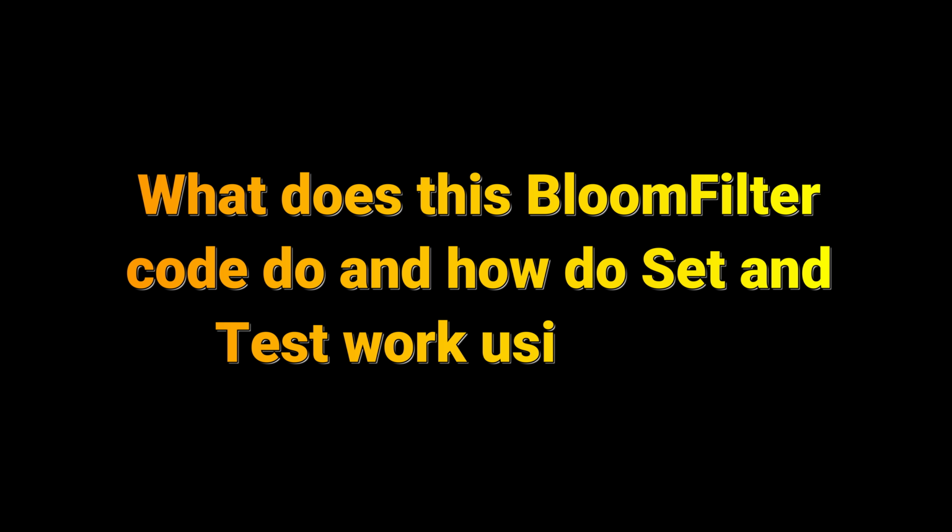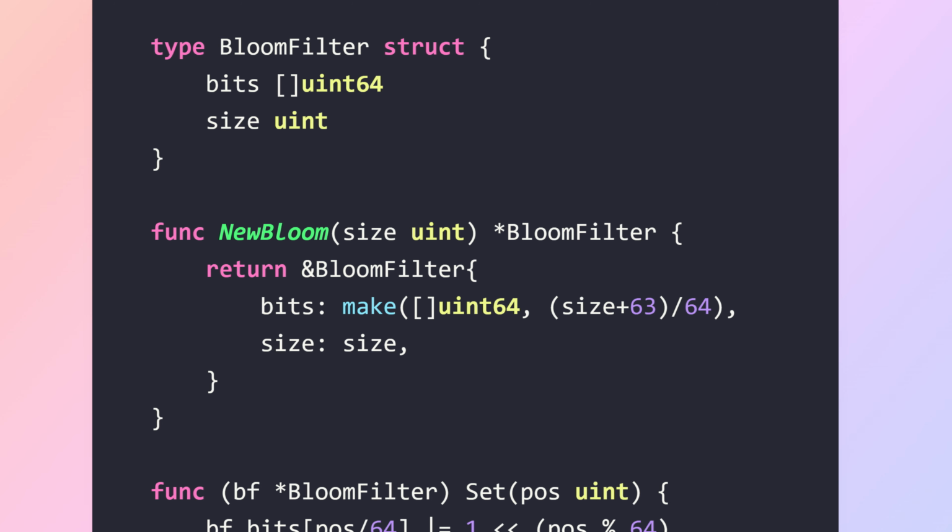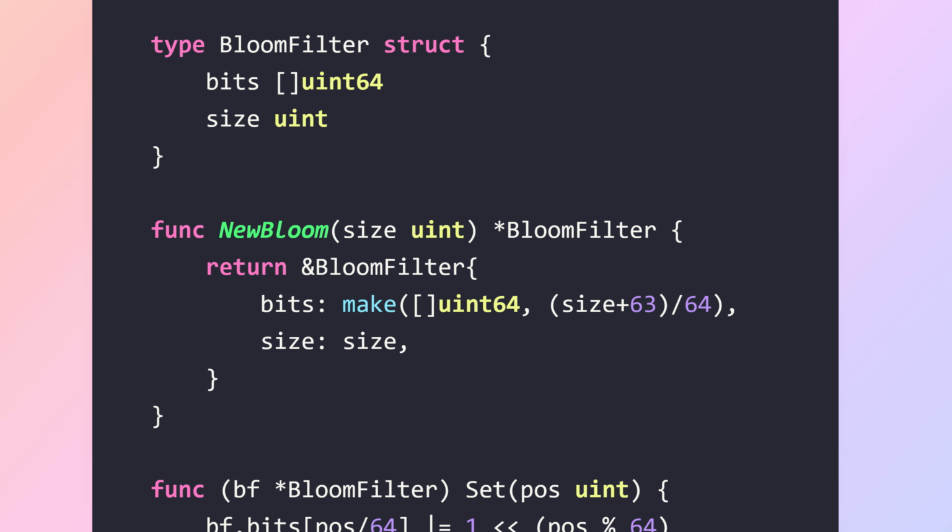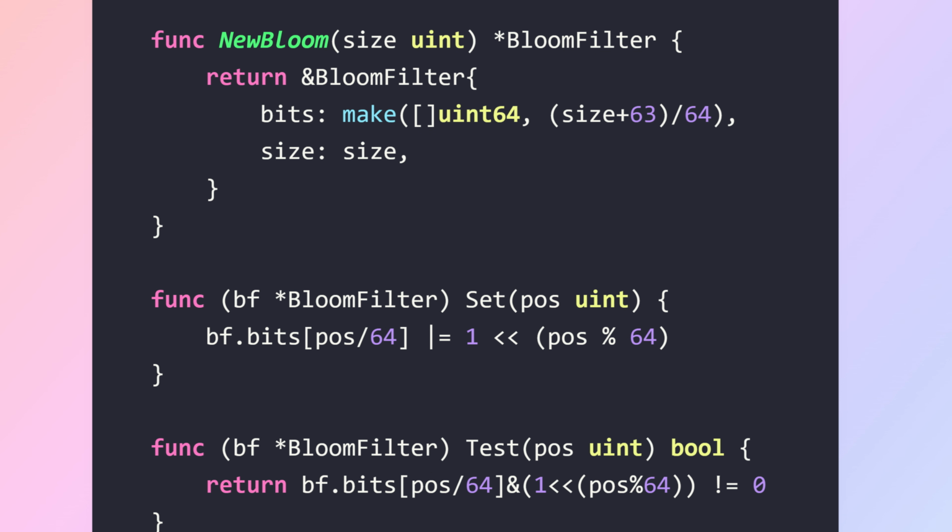Question: what does this Bloom filter code do, and how do set and test work using bits? This code implements a very simple Bloom filter using bit manipulation. The Bloom filter stores data as bits inside a slice of uint64 values. Each uint64 holds 64 bits, so many Boolean flags can be stored in a small amount of memory.